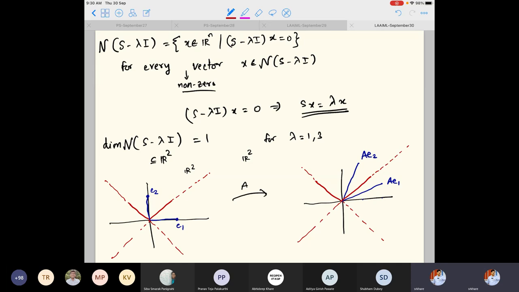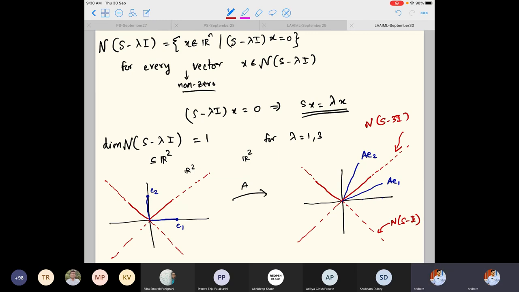So (1, 1) was an eigenvector with 3, right? So S minus 3 times identity, the null space of this, is one subspace that you get. And this is another subspace, S minus identity.